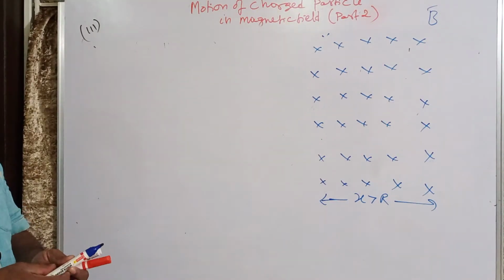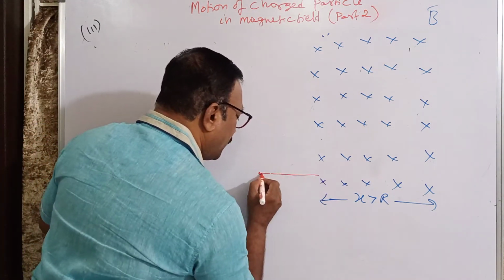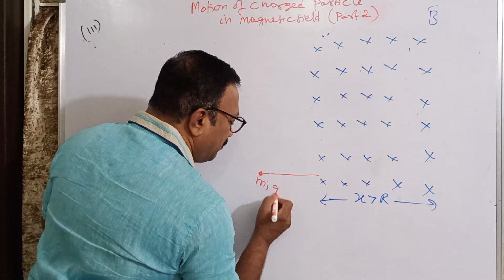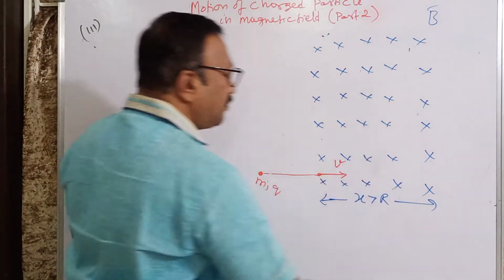So now the particle is coming now as usual. Mass of the particle is m, charge on the particle is q, the particle has entered with velocity v.